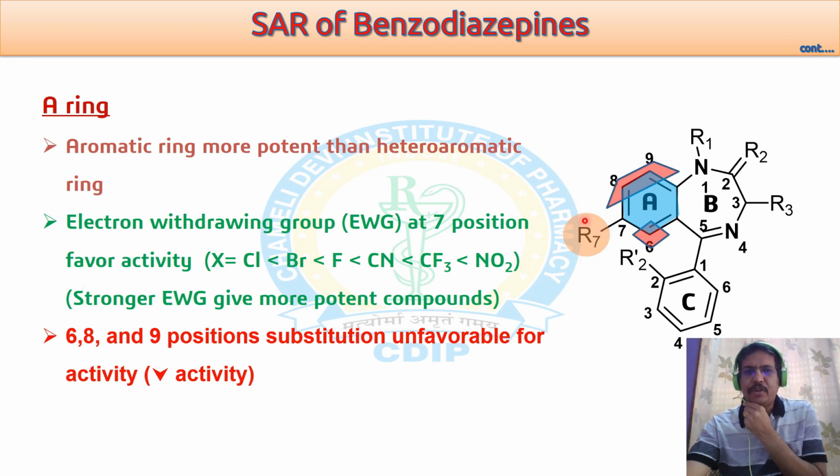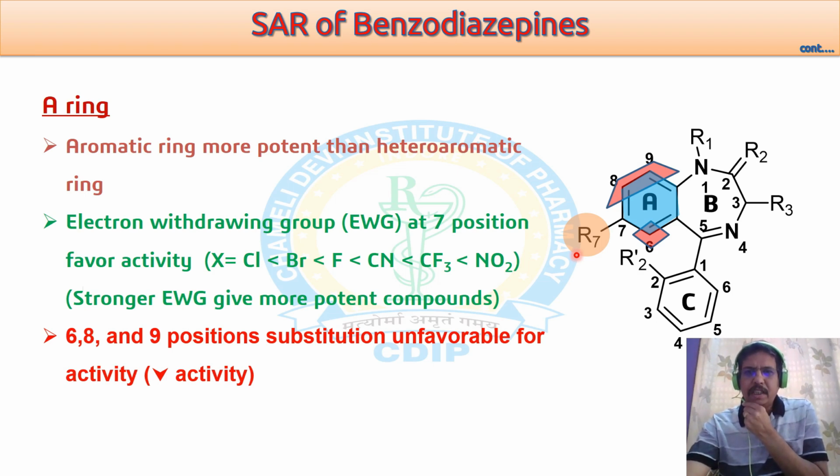in the form of an R7 group. And generally I told there are various types of groups, which may be electron withdrawing groups, electron releasing groups, or a bulkier group, or a hydrophilic group, or a lipophilic group.